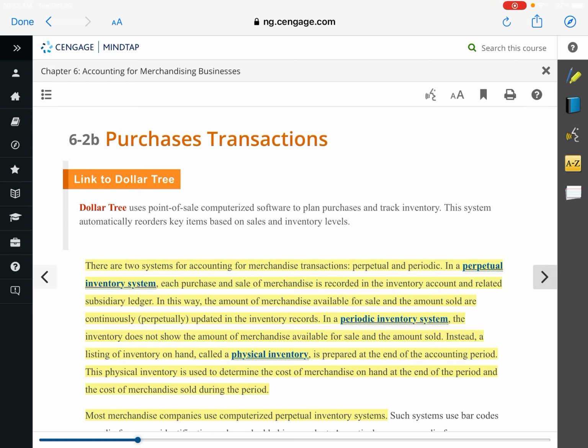So when you buy something on credit, or when we sell something on credit, there's a time frame that we have to complete that transaction, okay? And so that's what this is talking about right here. Terms of purchases on account are normally indicated on the invoice or bill that the seller sends the buyer.